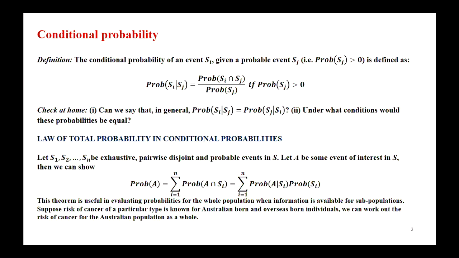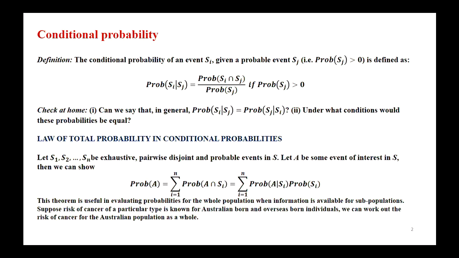The law of total probability, which we covered last time, can be expressed in terms of conditional probabilities. If we let S1, S2 up to Sn be exhaustive, pairwise disjoint and probable, and A is some event of interest, then we can show that the probability of A is the sum of the probabilities of A intersection Sj.